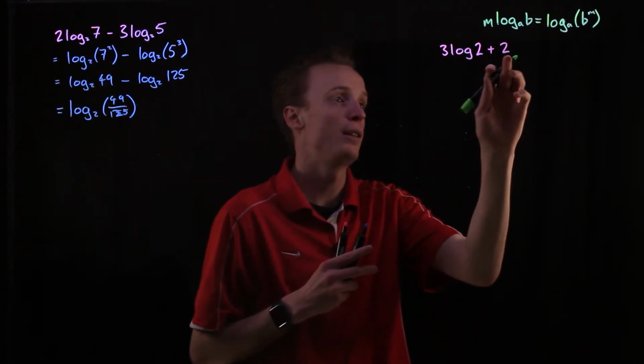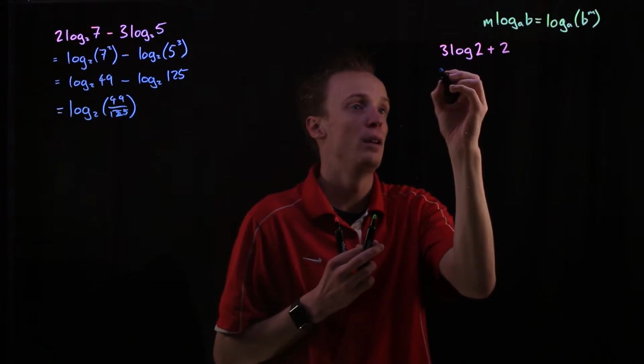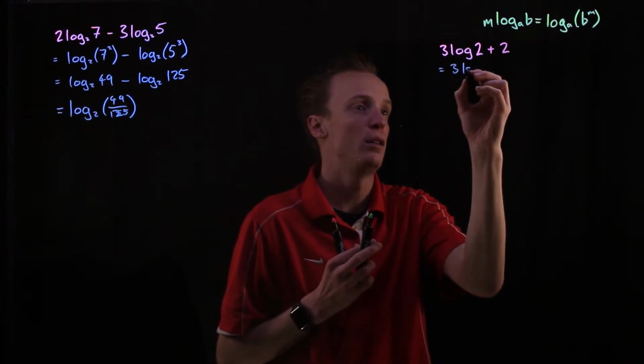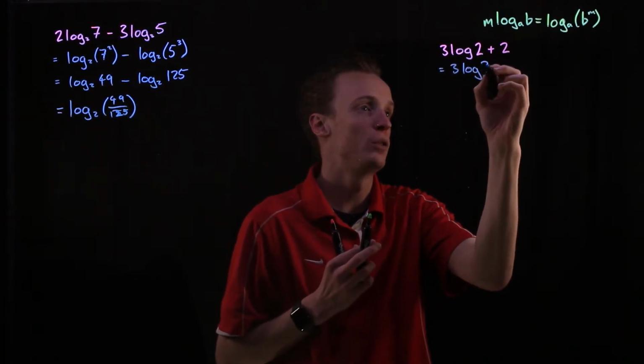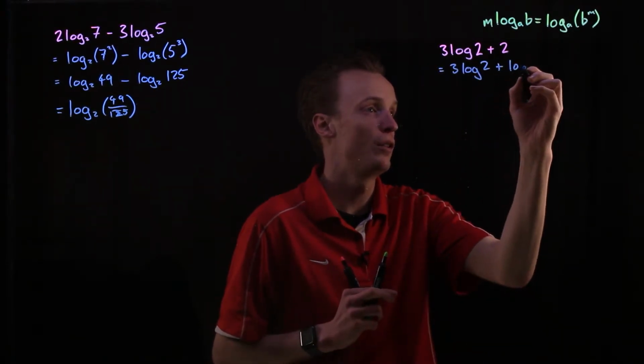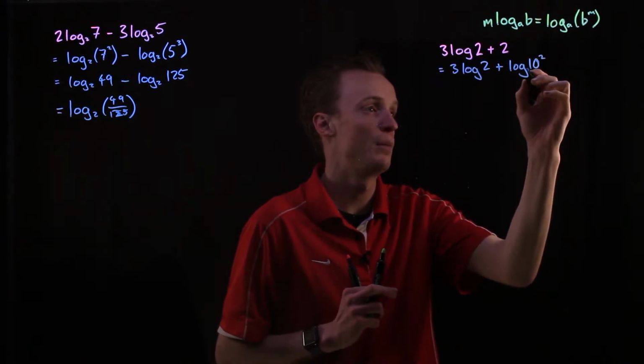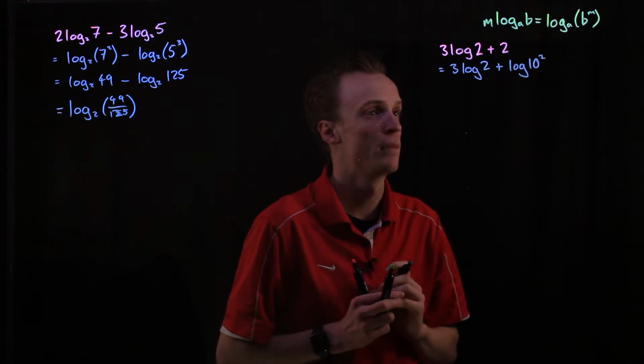So the power in this case will be 2. So if I rewrite this here, let's do it in blue. This will be 3 log of 2 plus the log of 10 squared. Keep in mind I'm not writing that small 10 in here.